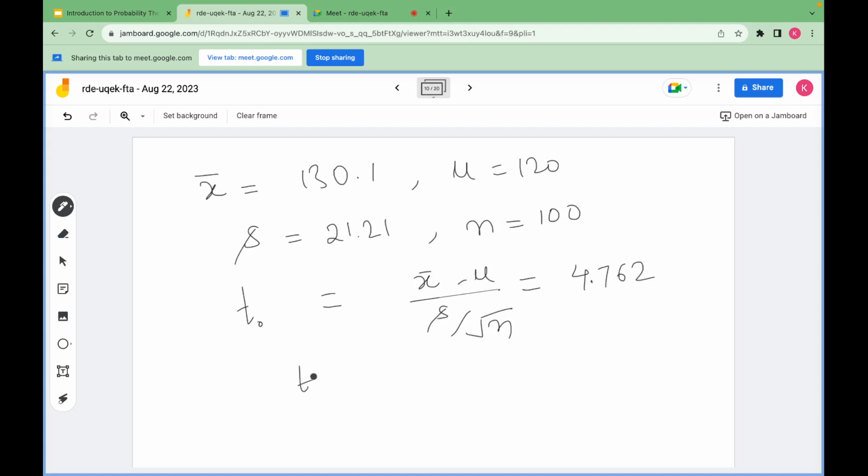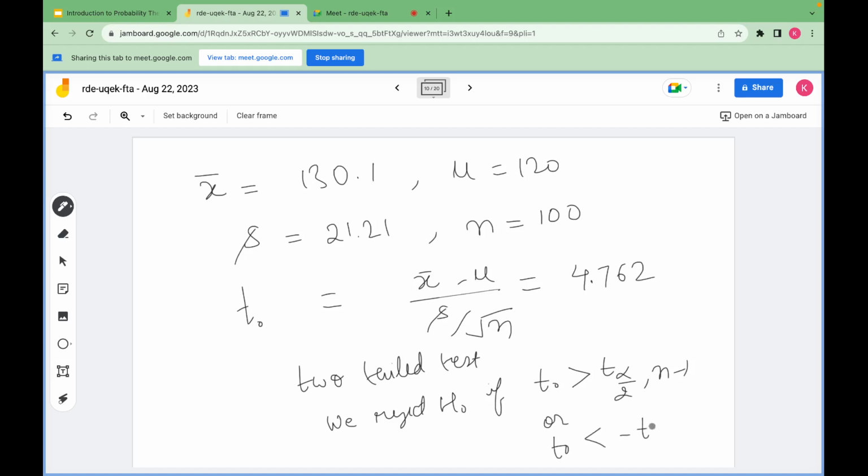Now, as this is a two-tailed test, we reject the null hypothesis if t naught is greater than t alpha by 2 comma n minus 1, or it is less than minus t alpha by 2 comma n minus 1.